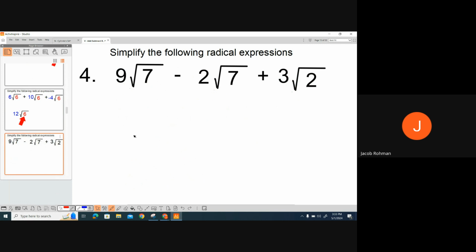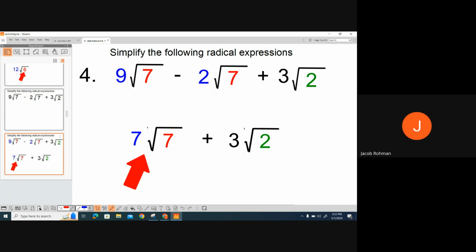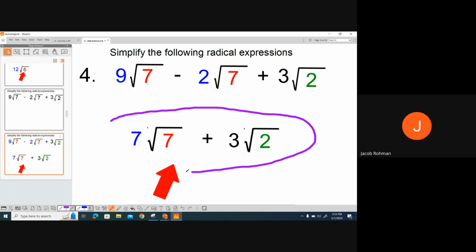We have 3 radicals, 2 of which have the same radicand of 7. So we can take those 2 coefficients, 9 minus 2, and say that's 7 root 7. And then the 3 root 2 is just going to tag along, and this expression is our simplified expression.